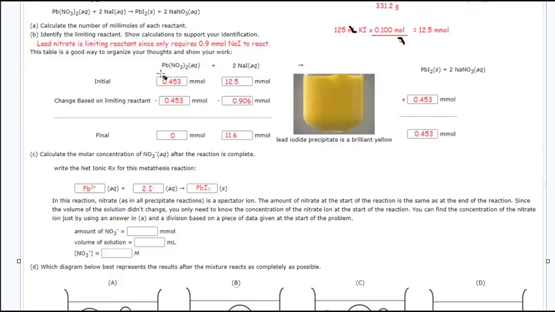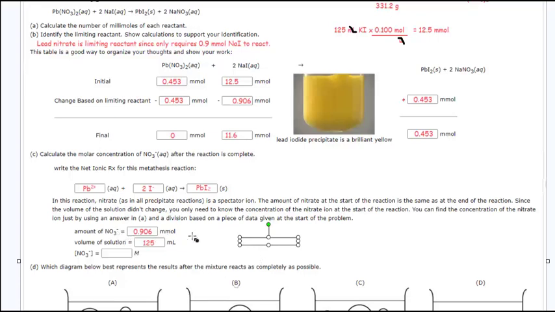So this nitrate, which is present, 0.906 of it, there are 2 nitrates for every 1 lead, so the nitrate concentration is going to be twice that of the lead. And it has a volume, here we go, 125 mLs.